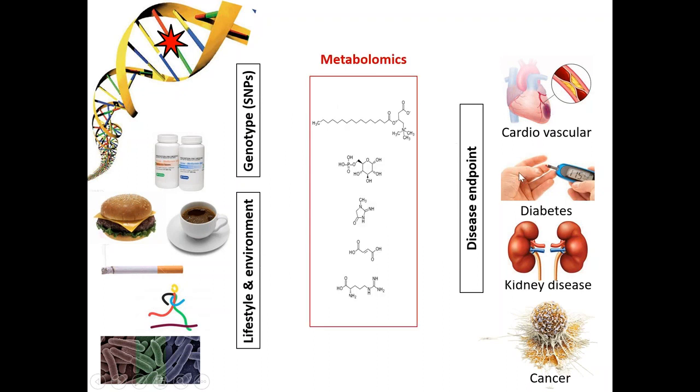And here comes metabolomics as an intermediate phenotype. Instead of measuring the direct link between genotype and endpoint, or lifestyle and disease endpoint, we put what we call an intermediate phenotype in the middle, like all the different small molecules, the metabolites. Then we study the association between metabolites and disease. These would be metabolome-wide association studies.